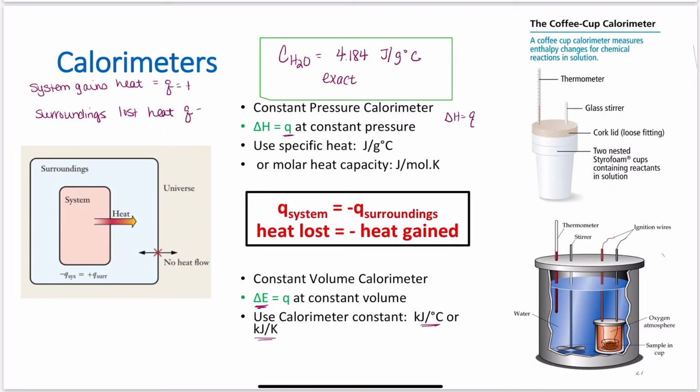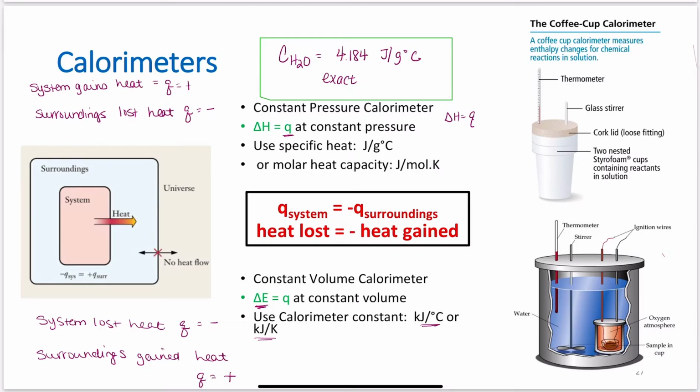And their Q is a negative value. If your system lost heat, its Q would be a negative value, and the surroundings would gain that heat that was lost. And their Q would be a positive value.